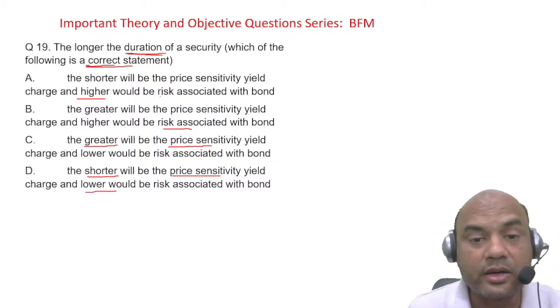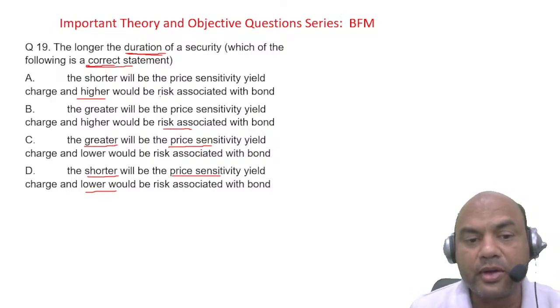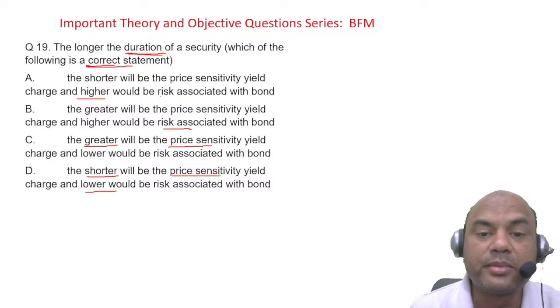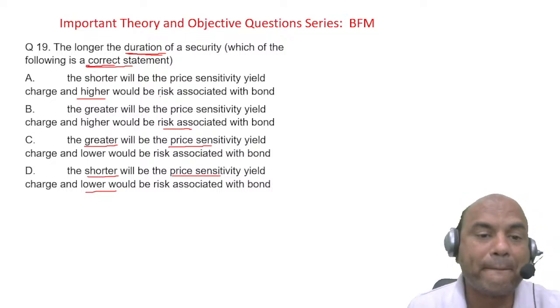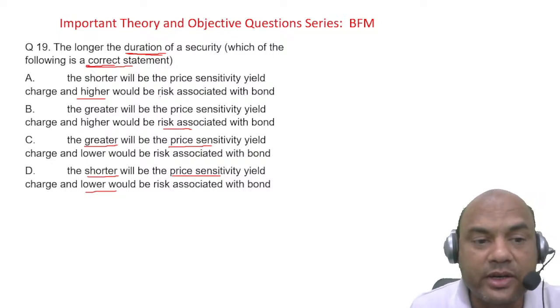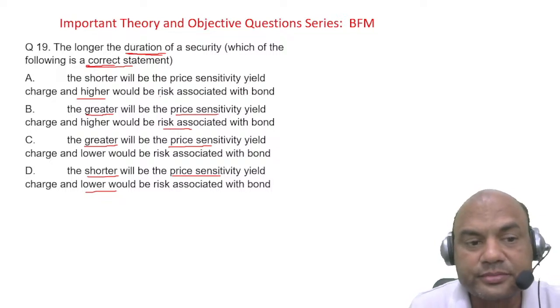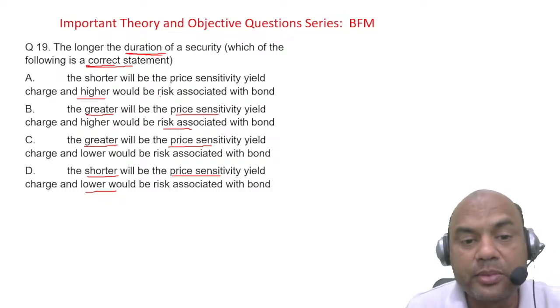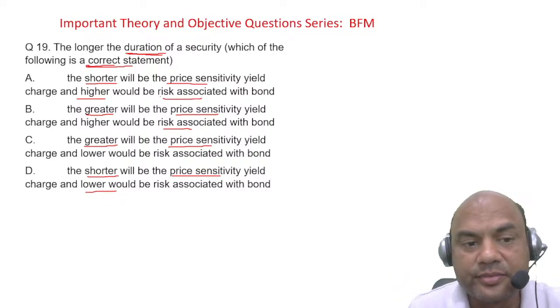Now think over it. Apply your own logic everywhere, because this question should be based on your logic as well as your studies. Greater will be the price sensitivity and higher would be the risk. Shorter is the price sensitivity and higher is the risk.